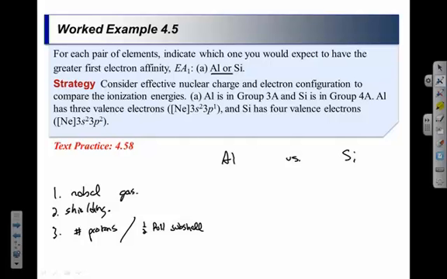Because it's going to have to pick up this electron and put it somewhere. So aluminum has a 3s2, 3p1. The silicon has a 3s2, 3p2. So I'm going to put my electron in here, or I'm going to put my electron in here. Either way, it's basically the same amount of shielding, so that's not a factor. It's not going to help us distinguish.